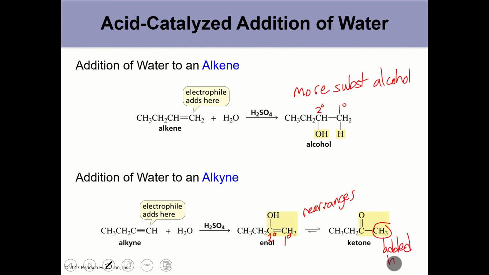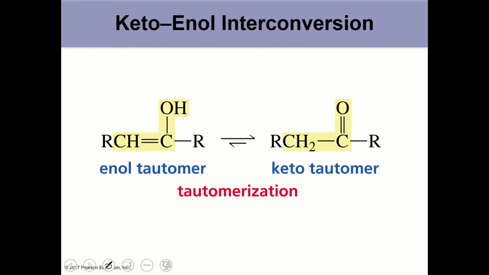So we added H to this terminal carbon, and we moved the pi bond. And that's how we got to the final product of the alkyne. But you're going to have to know more than that. You're going to have to know what the mechanism is. Okay?